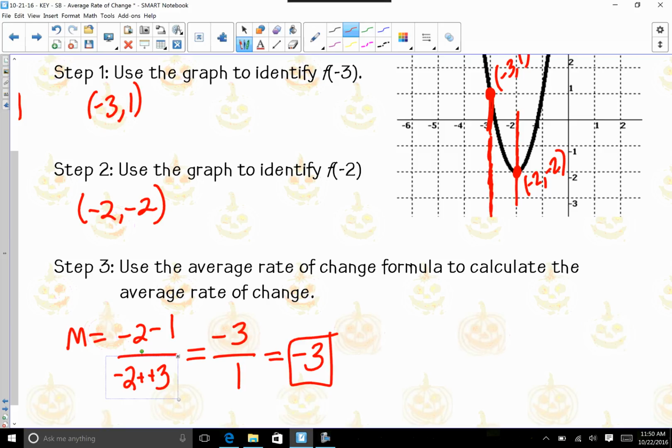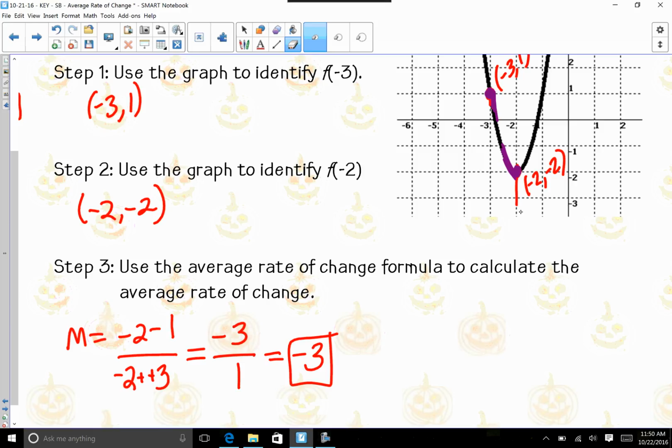So my question is, if I know I'm looking at x equals -3 and x equals -2, I'm wanting to know the rate of change of this piece of this graph, correct? Let me erase some of this red so we don't get confused.